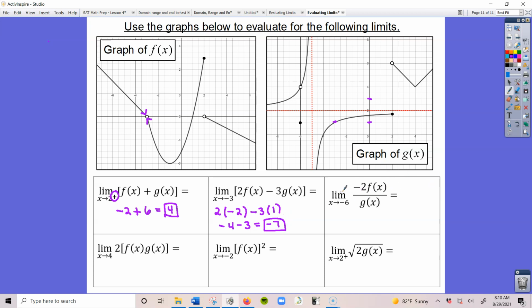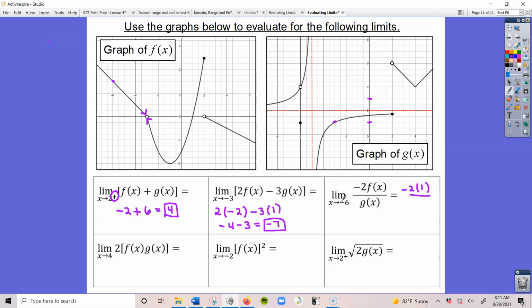Over here we have the limit as x is approaching negative 6 of negative 2 f of x over g of x. So we have the negative 2. We're going to find the limit of f of x when x is approaching negative 6. Which if I look on my graph here, here's negative 6 and it's 2 lines up, so that is 1.